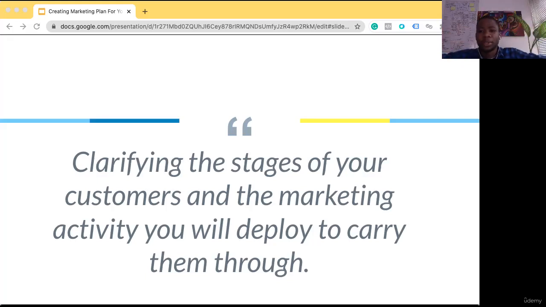Come and buy my product. Maybe you're running some campaign or some paid marketing or some TV commercials, and you're like, come and buy my product. And then you expect that person to buy that product right there and then. That's not realistic.